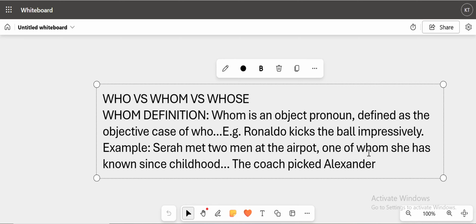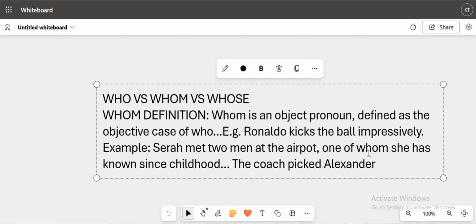Now, we are saying whom is used as an object pronoun. That is, it is defined as the objective case of who. We should not forget that whom is just a form of the word who. Now let's see how to use this in sentences. Ronaldo kicks the ball impressively.